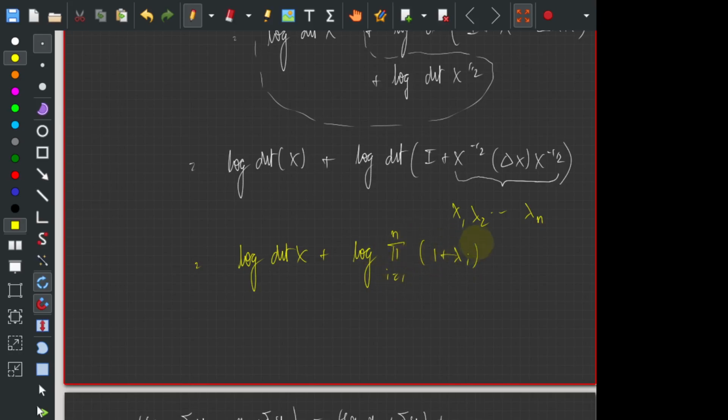Now what can you say about log of the product of 1 plus lambda i? So this is log determinant x plus, in any case, the sum from i equal to 1 to n of log 1 plus lambda i, right? So for x close to 0, can you approximate log 1 plus x?